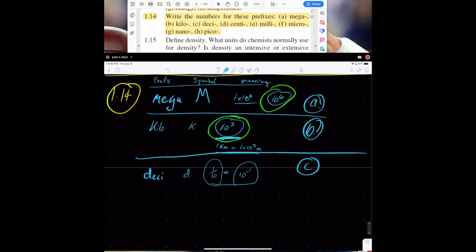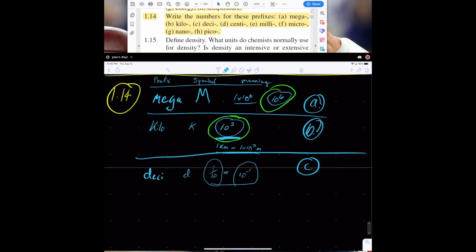So if they ask us how many base units are in 1 deci base. Okay, the base could be interchangeable for length, mass. We could apply this to grams, we could apply it to meters, we can apply it to a whole slew of things from the metric table, right?